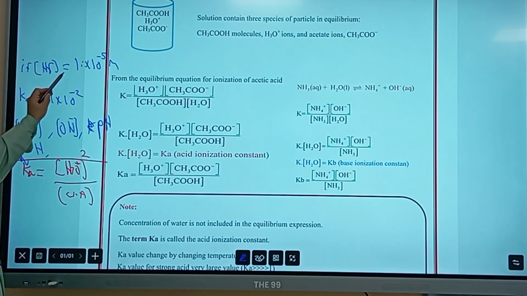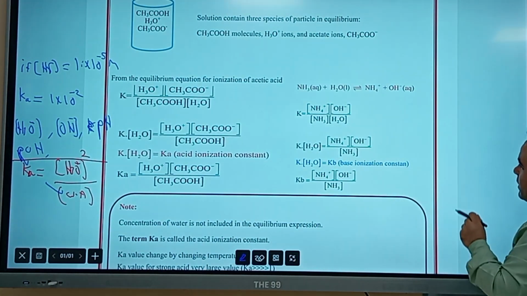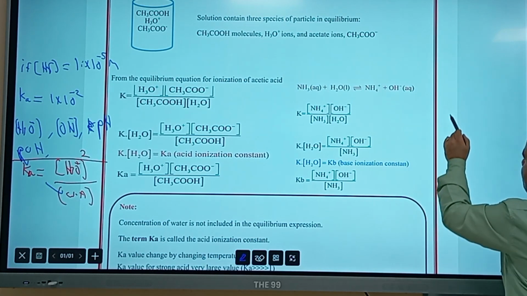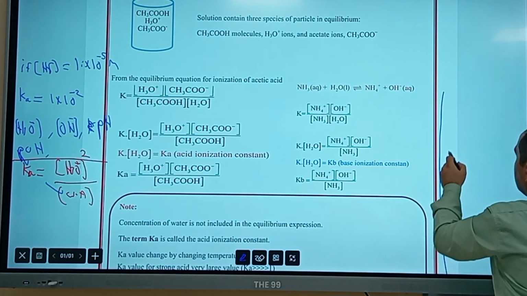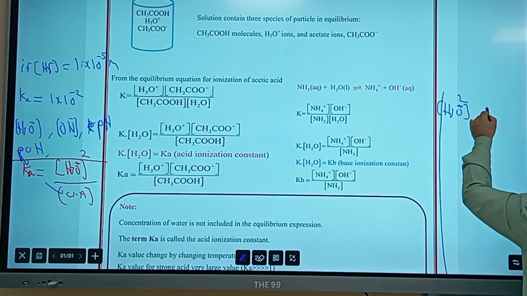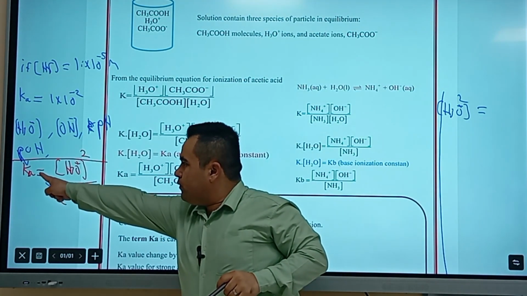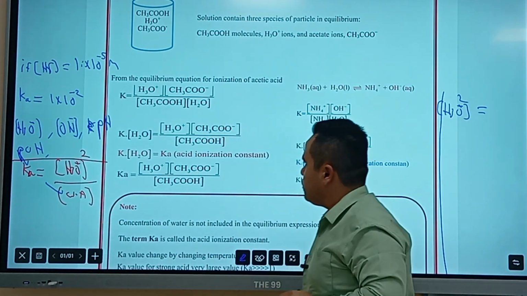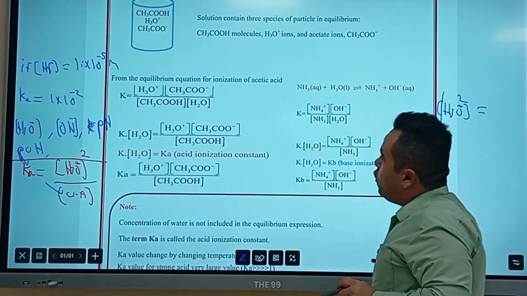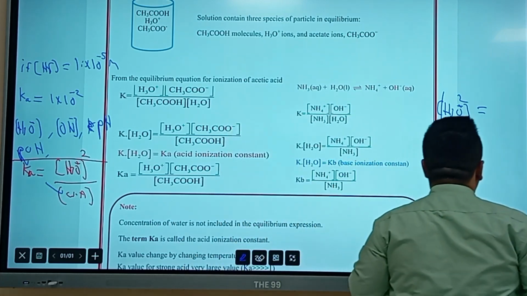The concentration of the weak acid is given. So we will be able to calculate hydronium in this question. Let me solve for the hydronium in this part. Hydronium squared equals the ionization constant of the weak acid multiplied by the concentration of the weak acid, which is 1 times 10 to the power minus 2, times 1 times 10 to the power minus 5.